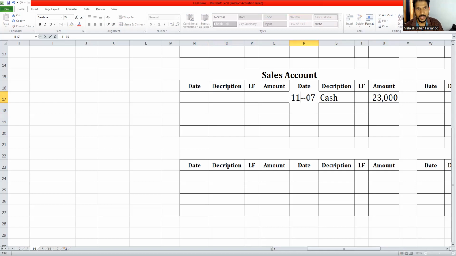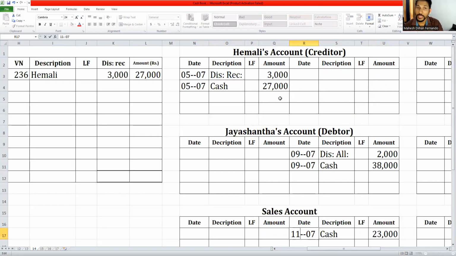Another thing. In exams, most of the time, listen to me, you won't get all these things to prepare, cash book and all the ledger accounts. Maximum you are going to get only 5 transactions. Listen very carefully. If the question doesn't want you to prepare the other relevant ledger accounts, avoid preparing them.